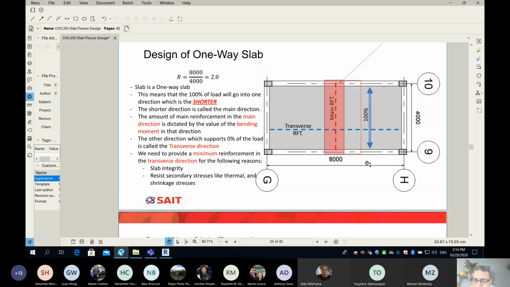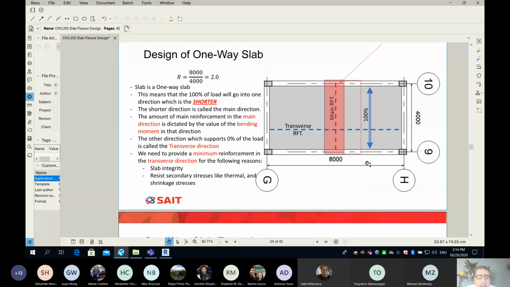Even though we deal with it in our design simplified as a smaller 1 meter wide design strip, those are not separated. Those are simply connected to each other, and that's why we have to add transverse reinforcement. Does it make sense for you guys? Why do we add transverse reinforcement?